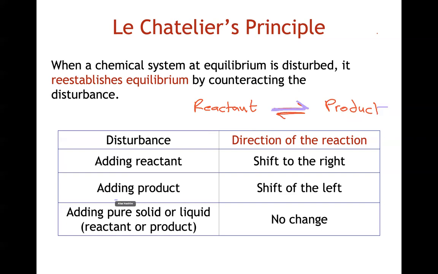What happens if we add products? Then the reaction is going to shift towards the reactant side, so that more reactants are present. So it's going to shift in the reverse direction, or to the left. Remember, pure solids and pure liquids do not affect the equilibrium constant. So there's going to be no change in the direction of the reaction because they do not affect the equilibrium constant.